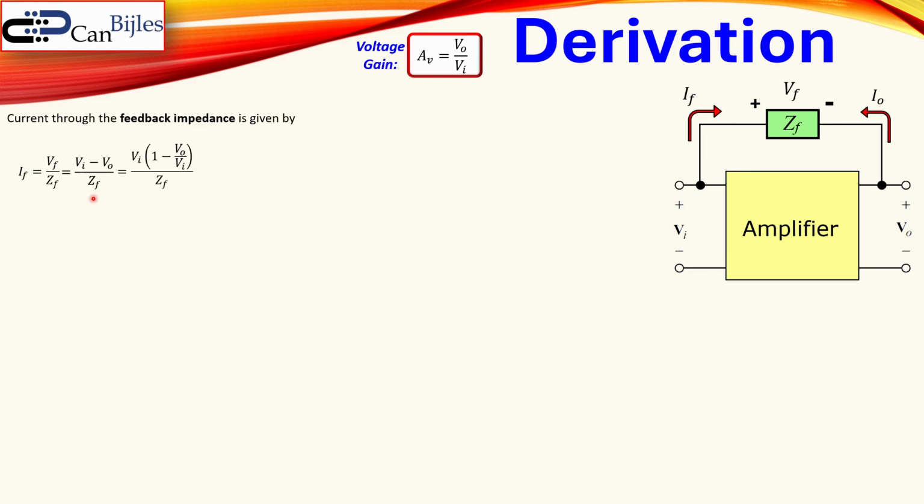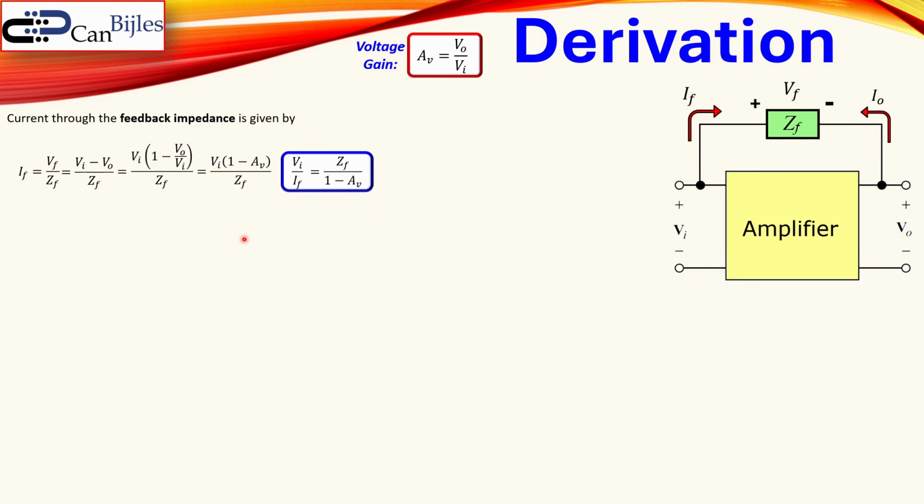What we can also do is take out the value of VI and write it down like so. We can recognize directly that VO over VI appears, and that is our gain, because that was our gain from this node to that node. So we can also say VI times 1 minus the voltage gain, over ZF.